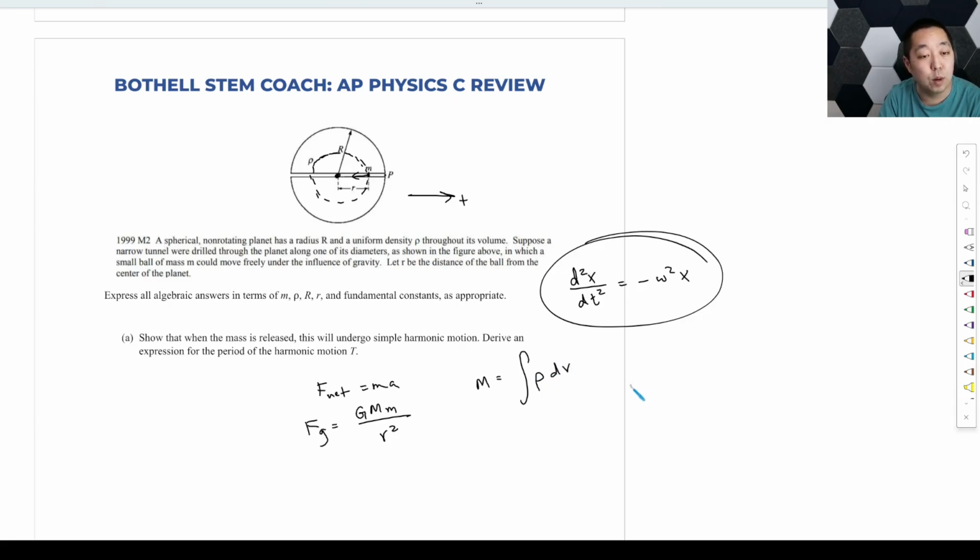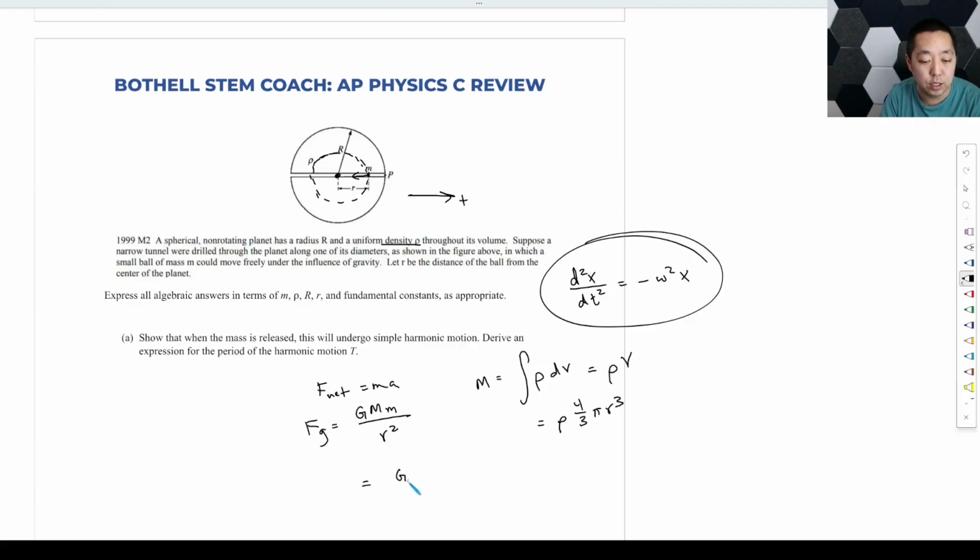Because it's a uniform density, all that matters is the total volume. So that just becomes easier, and we just want to know the volume of that sphere, which is rho 4/3 pi r cubed, not big R, not the entire planet, just the part within this shell here.